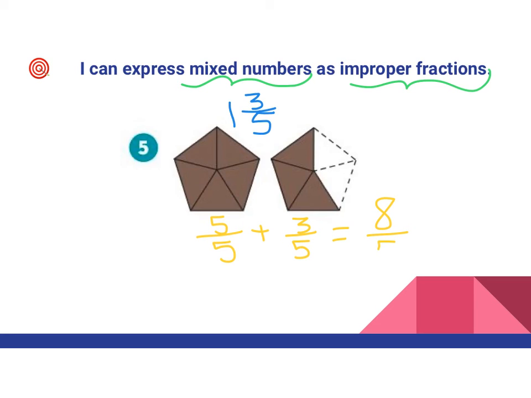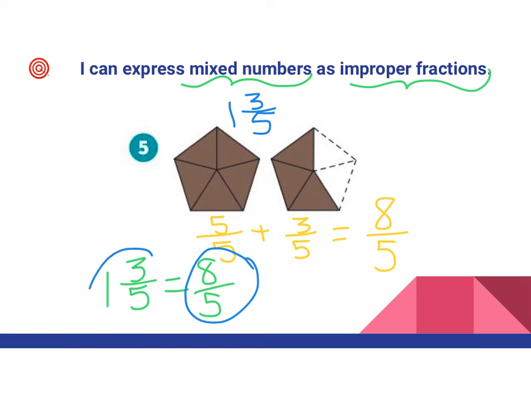Did you get 8/5? So 1 and 3/5 is equivalent to 8/5. Improper fraction, mixed number.